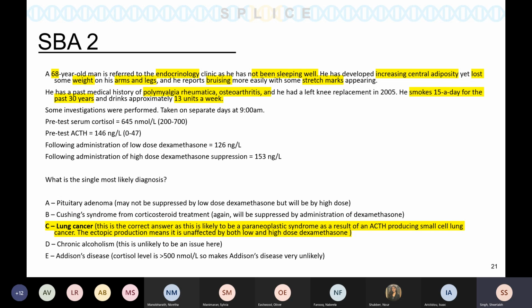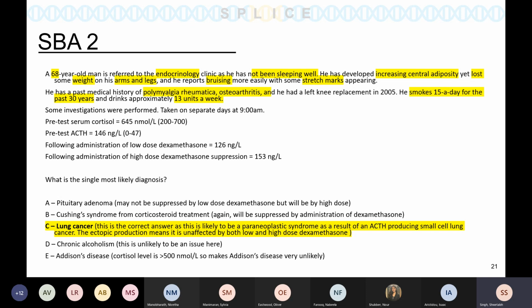I'll explain why. So, unfortunately, I can't see a little bit of the slide, but bear with me. So, endocrinology clinic, not been sleeping well, increased central adiposity, lost some weight on his arms and legs, reports bruising, stretch marks. So, we're thinking Cushingoid at this point.